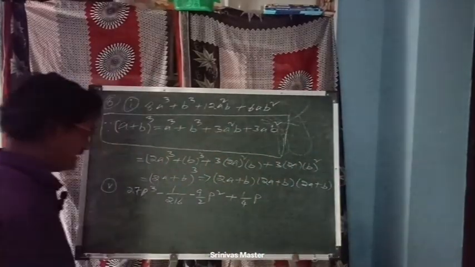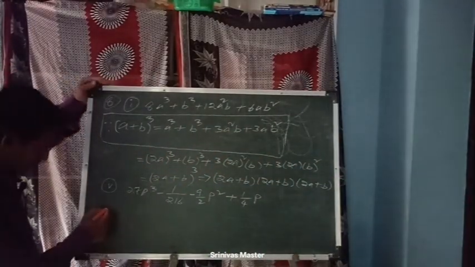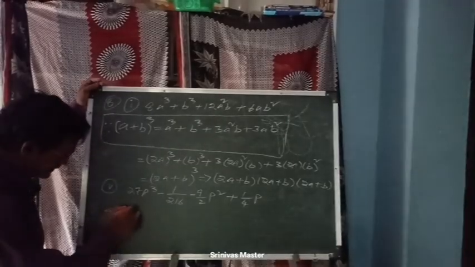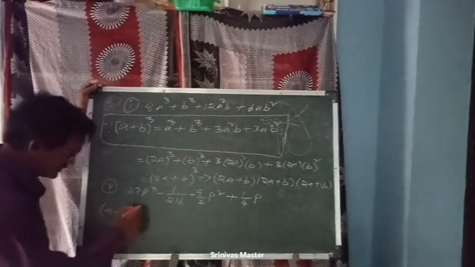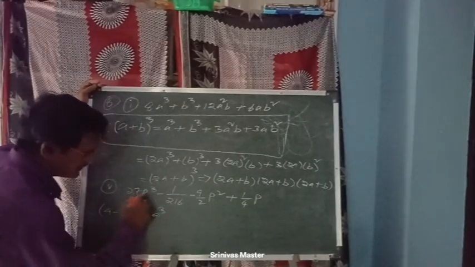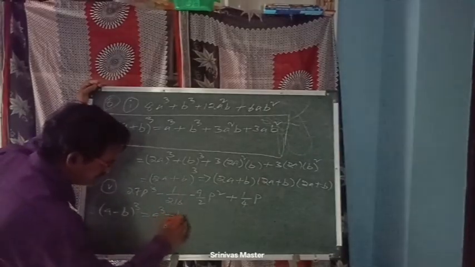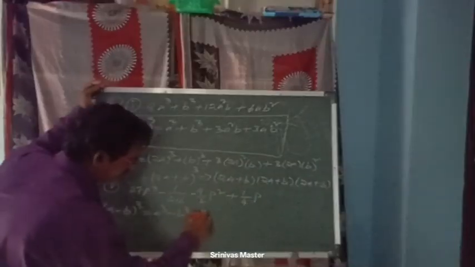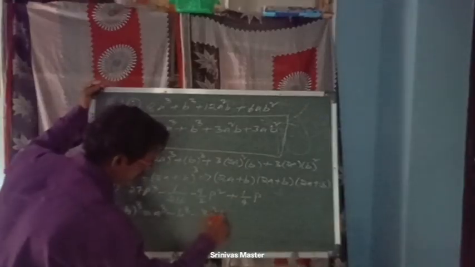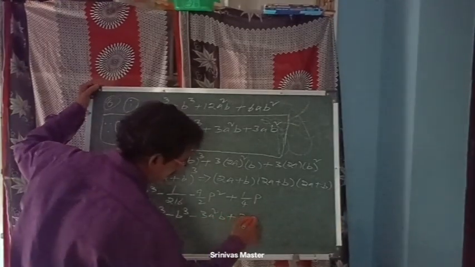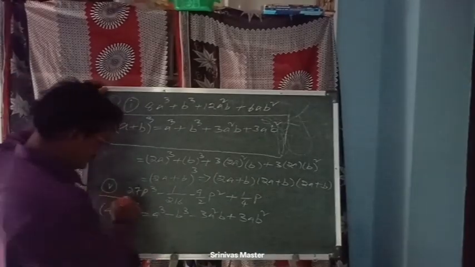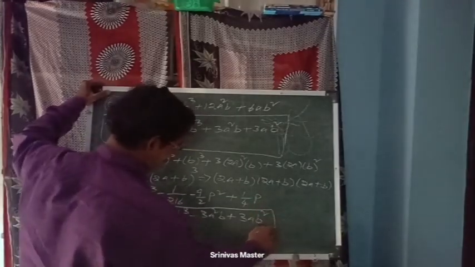So we can apply that formula. According to that, a minus b whole cube equals a cube minus b cube minus 3a square b plus 3ab square.